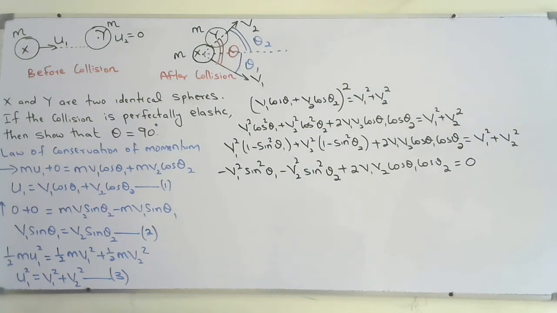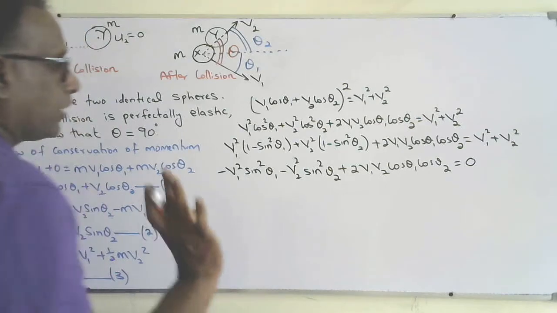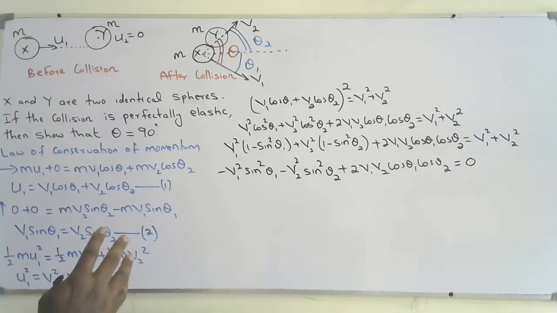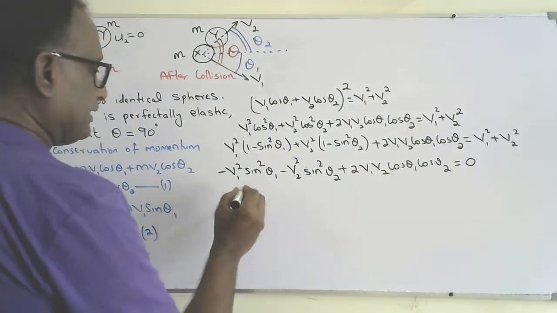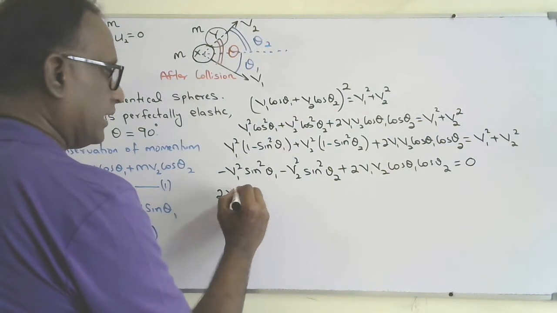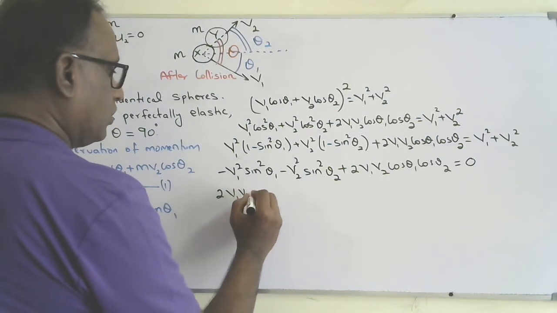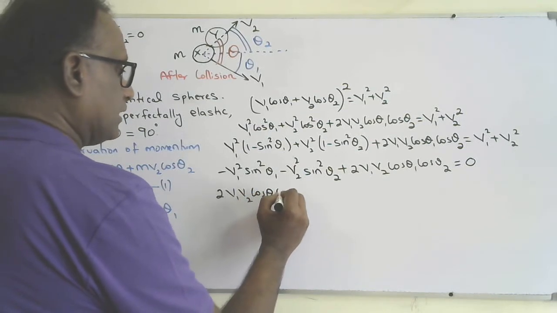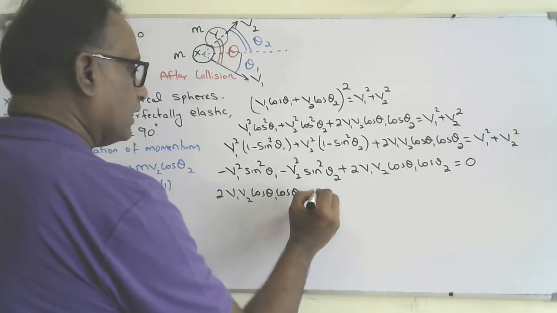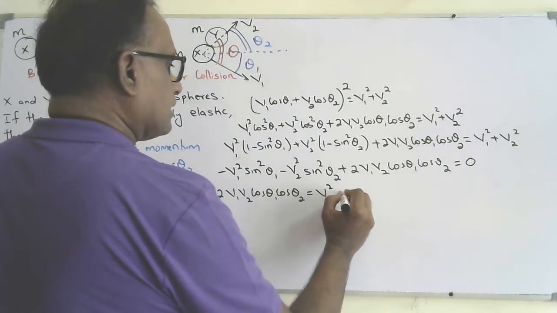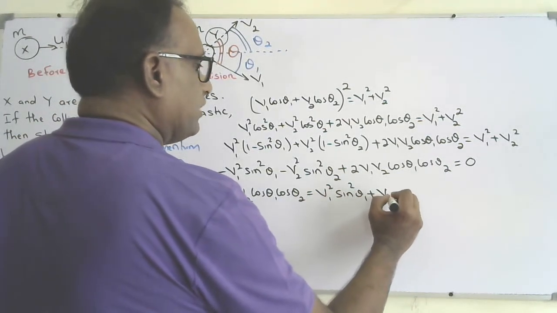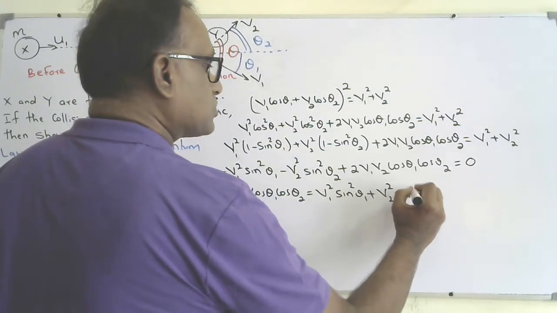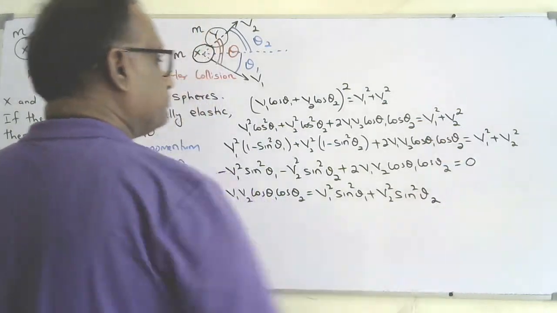Okay, so now you know that this one here, if you want I can take this to the right side. So I can rewrite this one: 2V1 V2 cos theta 1 cos theta 2 equal V1 squared sine squared theta 1 plus V2 squared sine squared theta 2.